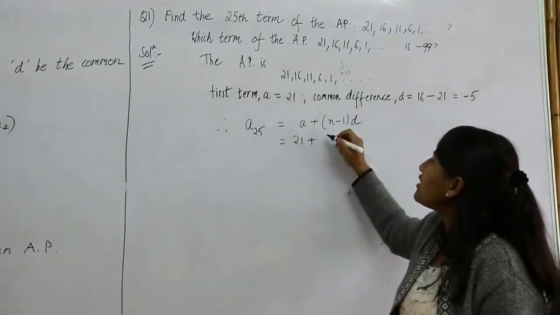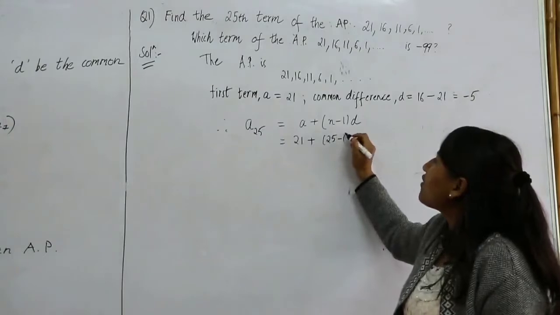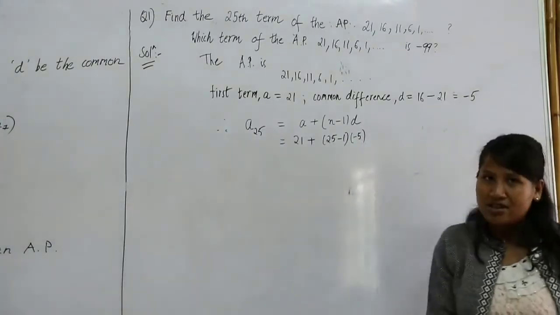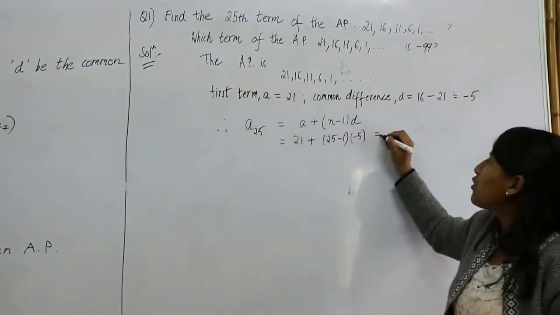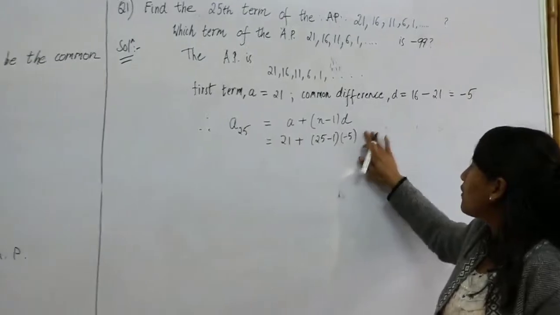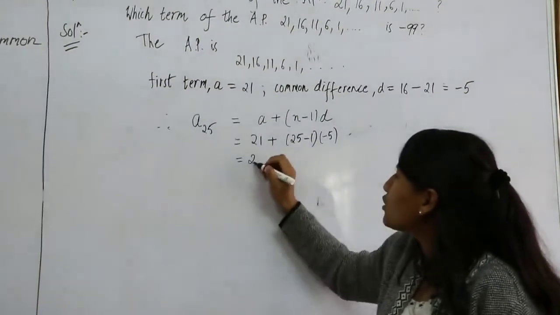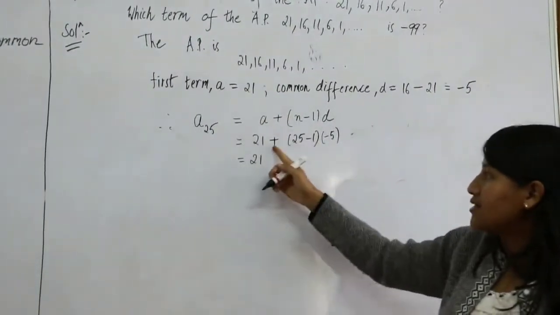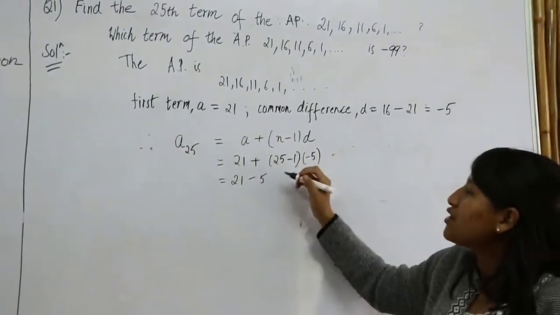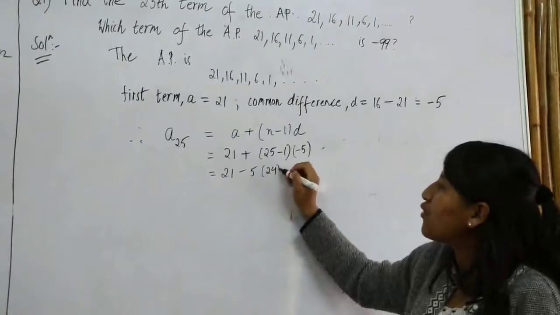What is N? It is 25. And D is minus 5. So this is equal to 21 plus, into minus 5, then 25 minus 1 is 24.